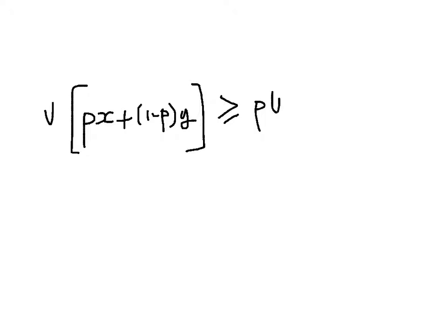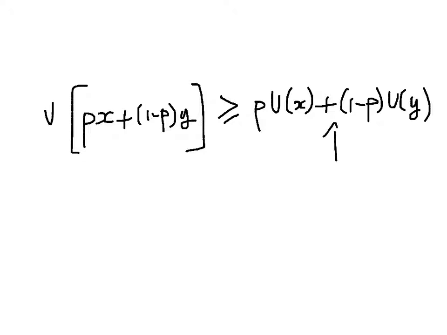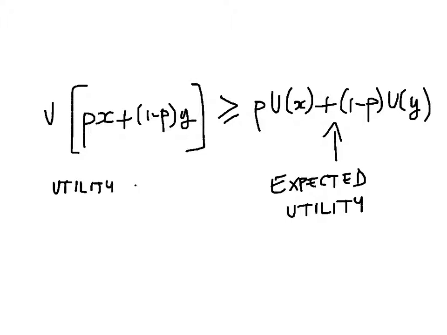So P ux plus 1 minus P uy. All right, so this is expected utility theory. And this is simply the utility not of the gamble, but of the expected value of the gamble.